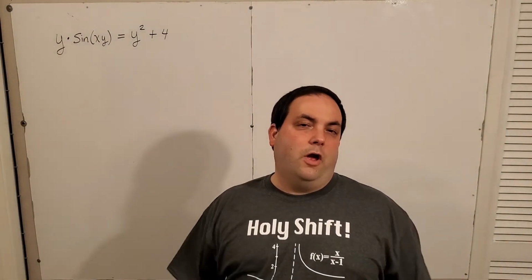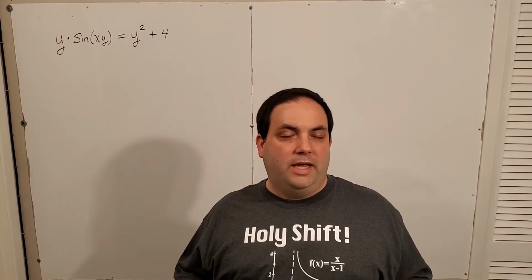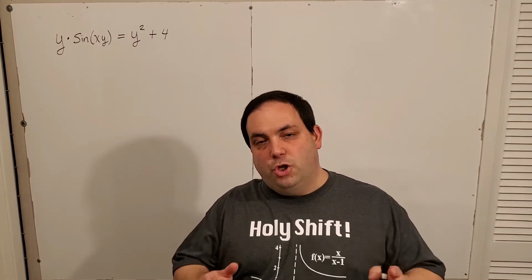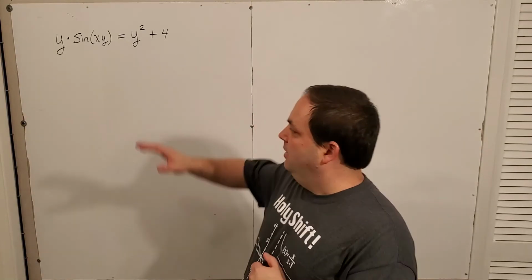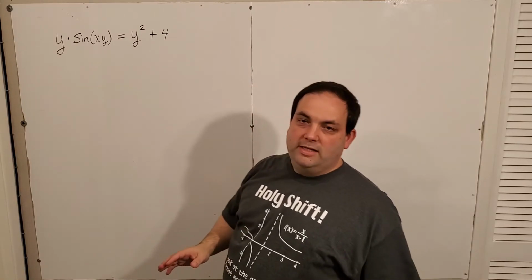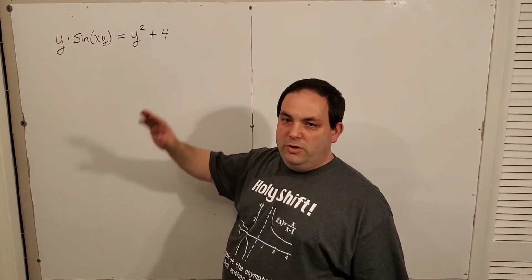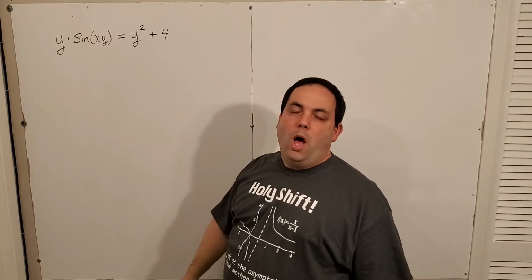So let me finish up with a problem that has absolutely no hope of ever being explicit and really has no choice but to be done implicitly. Okay, so we have this equation here, and you notice the y's all over the place. There's no way with traditional algebra, trigonometry, whatever, that I'm going to get y by itself.